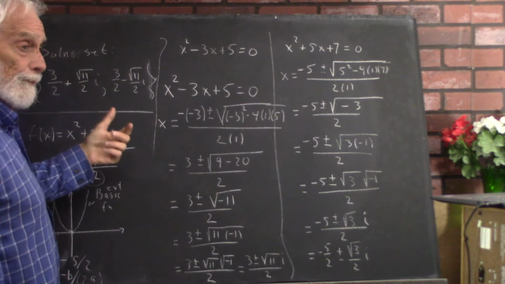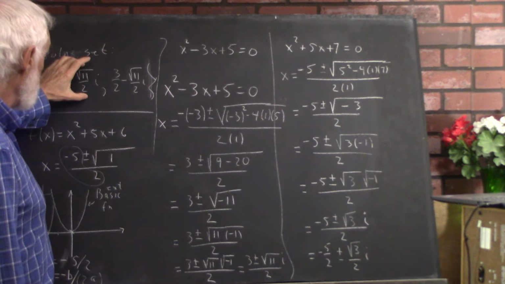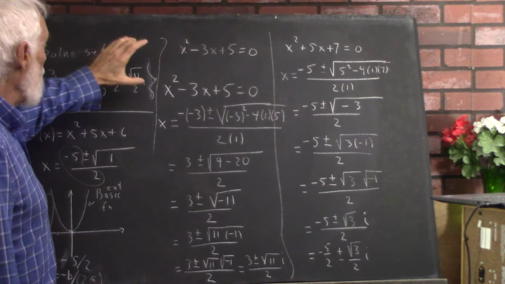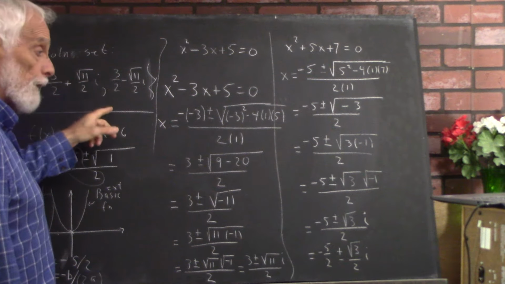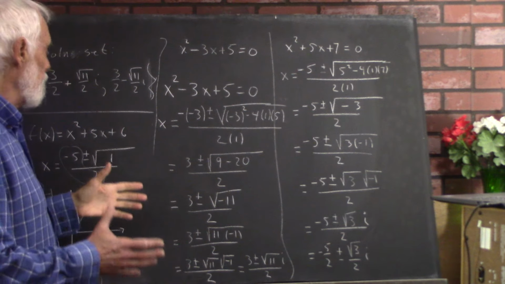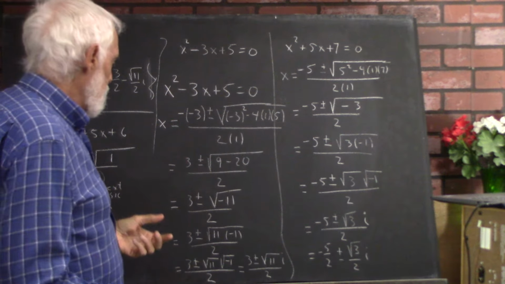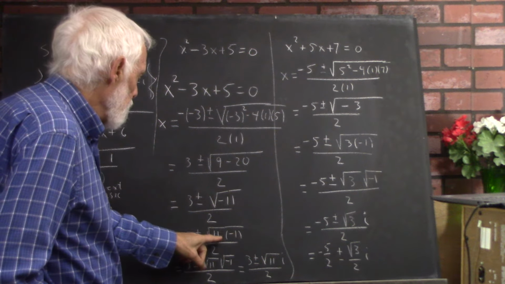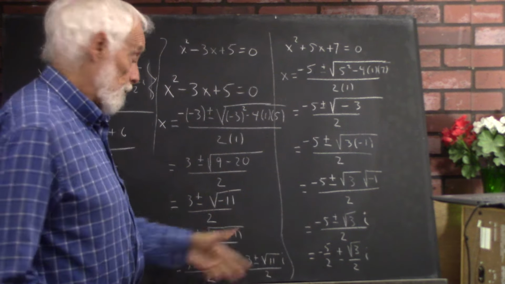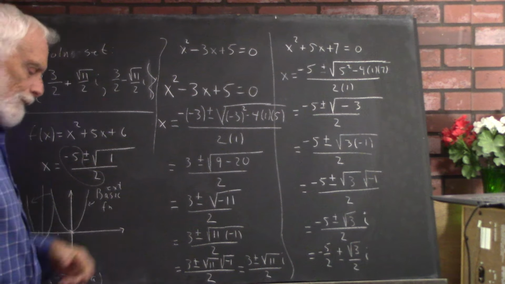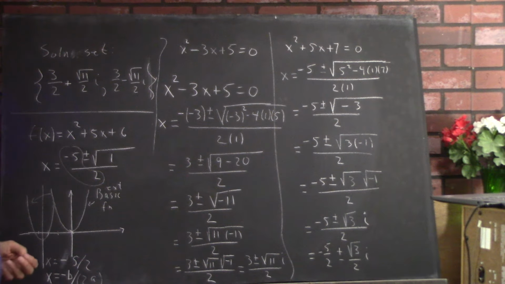They're complex, and they're conjugates because it's the same number plus the imaginary number and the same number minus that imaginary number. Okay, those are complex conjugates, and anytime you have a complex solution to a quadratic, you're going to have the same number over here with a plus, and then with a minus, you're going to have complex conjugates. Okay, important terminology.